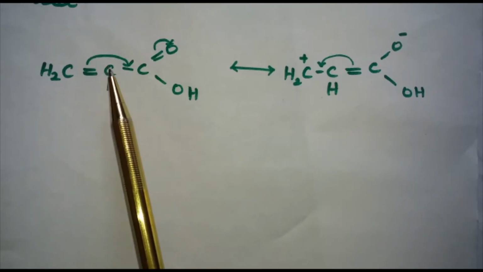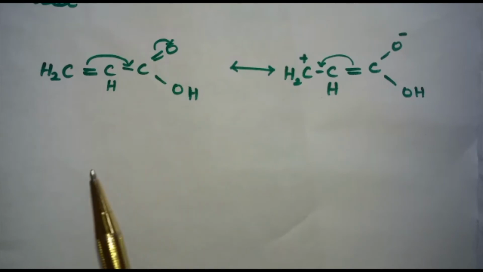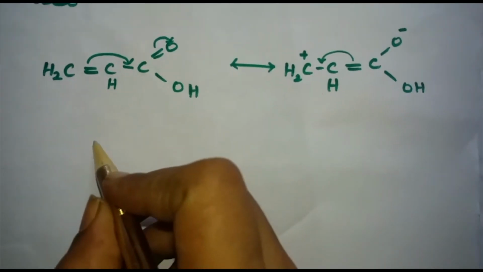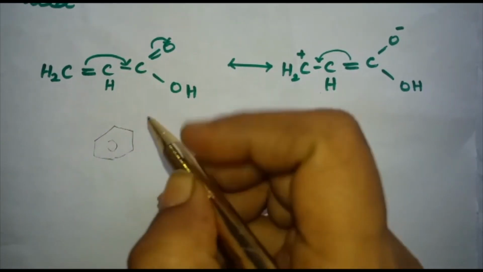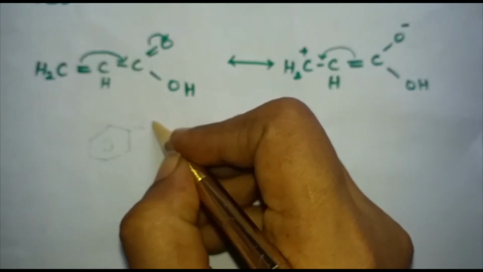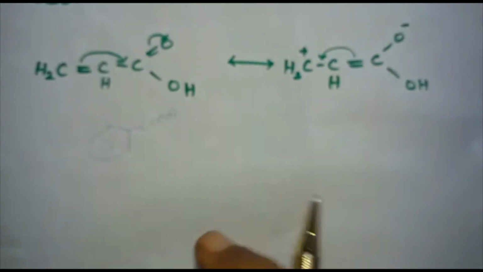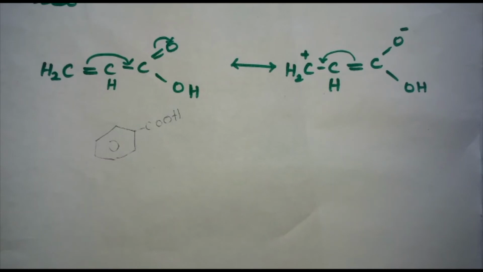The presence of an electron withdrawing group on the phenyl of an aromatic carboxylic acid, for example benzoic acid, C6H5COOH, increases its acidity, while electron donating groups decrease its acidity.